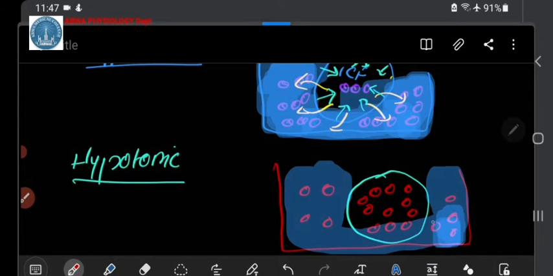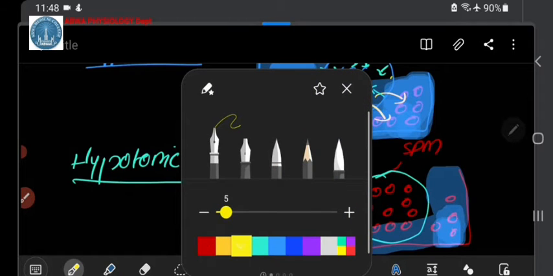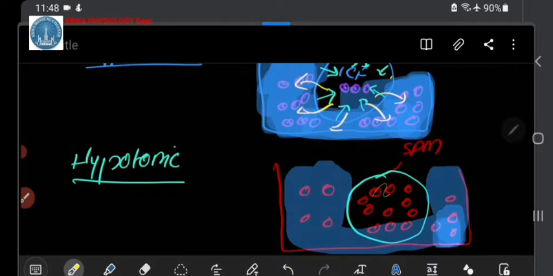Hypotonic solutions contain a lower concentration of solutes relative to the other fluids. So this is the selectively permeable membrane. So eventually, when the cell is placed in such a hypotonic solution, the water from the outside will move inward, making the cell swell and nearly explode.